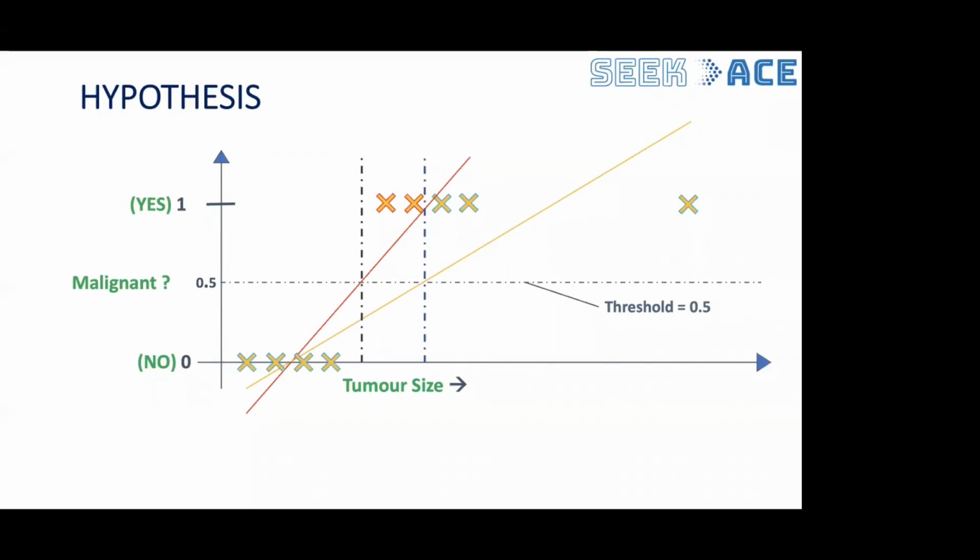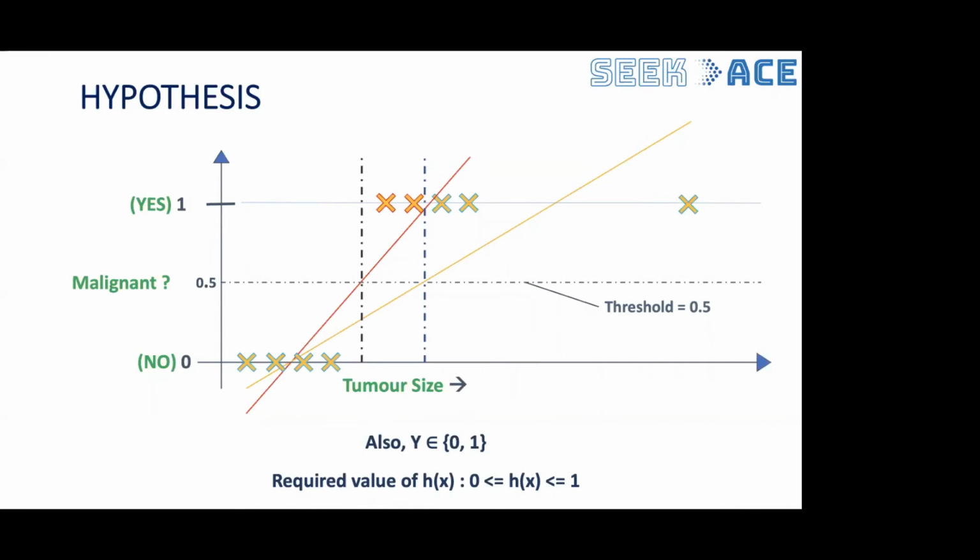So how do we solve this kind of problem? We know that we have to predict our target variable as either 0 or 1, yes or no, malignant or non-malignant, and that our hypothesis, our formula, should return a value between 0 and 1.